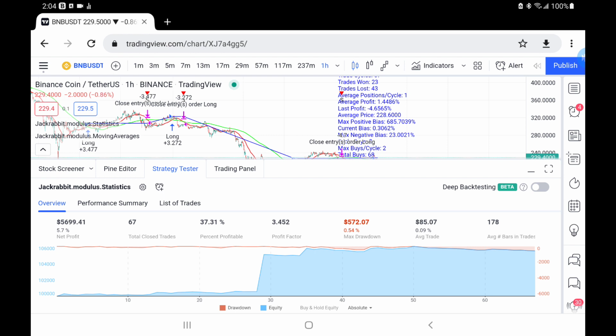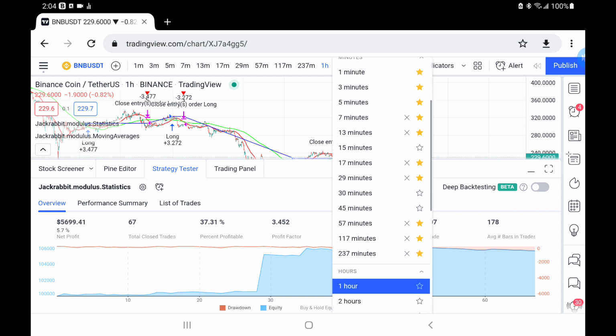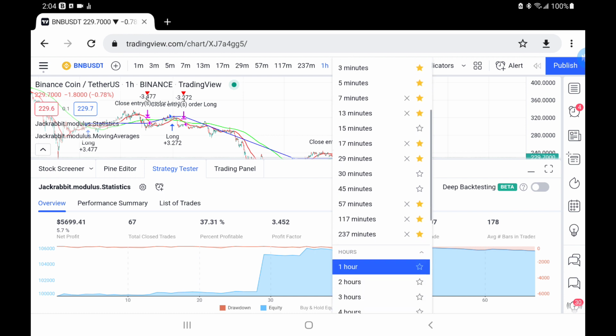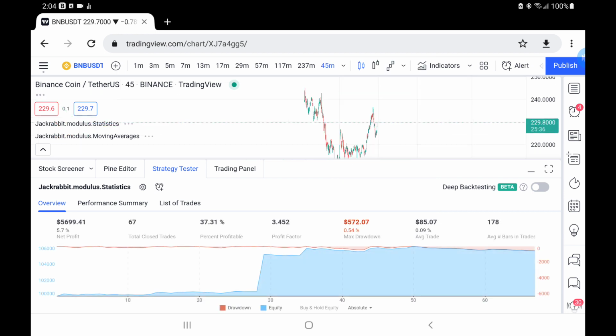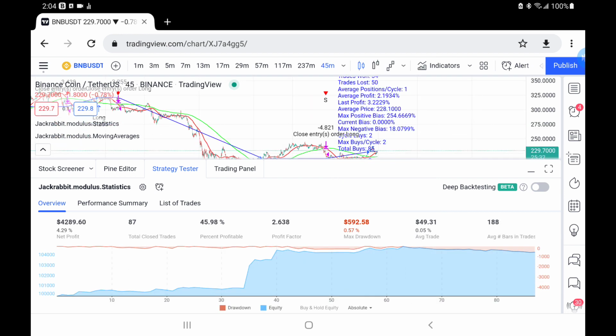I want to get better. I want something that maybe might bring in some monthly profits on a reasonable level. So, we're down to 1 hour. Let's try 45 minutes. Okay, 45 minutes. Looking good.